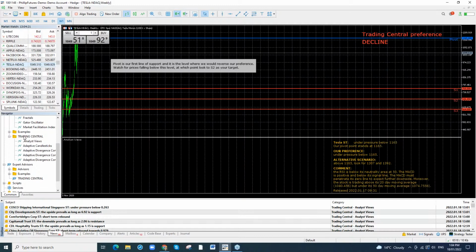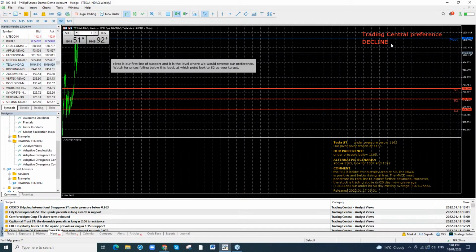You'll find our indicators in the Navigator window under Trading Central. We have a couple of different indicators, where I'm presenting now the Trading Central Analyst View indicator. It's basically showing you support and resistance lines, pivot point, and of course a direction.